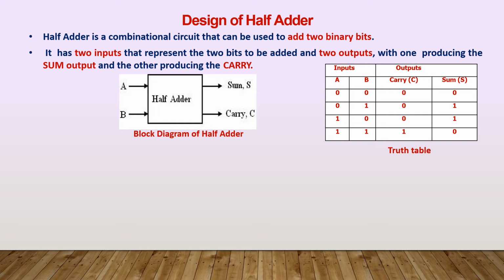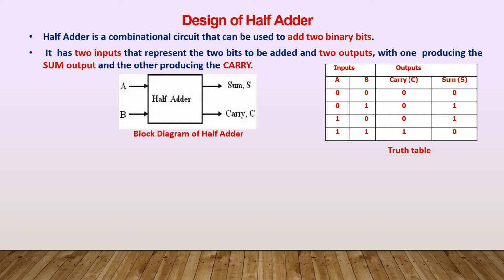As per binary addition, 0 plus 0, obviously sum is equal to 0, and there is no carry at all, so carry is also 0. If you add 0 plus 1, then sum is equal to 1, carry is equal to 0. The third condition is 1 plus 0. Again sum is equal to 1, carry is equal to 0. And in binary addition, if you add 1 plus 1, the output is actually 1 0, where 0 represents sum and 1 represents carry. Likewise, we can construct the truth table.